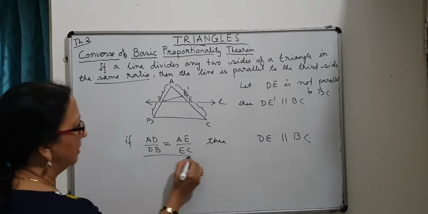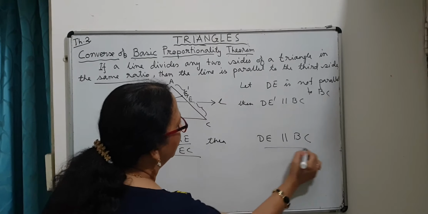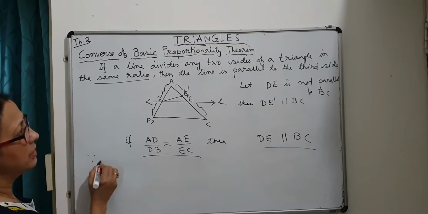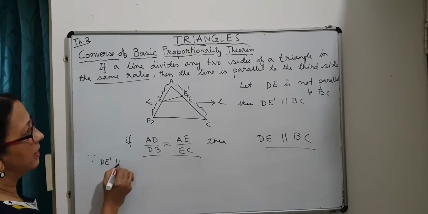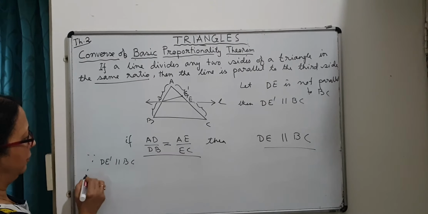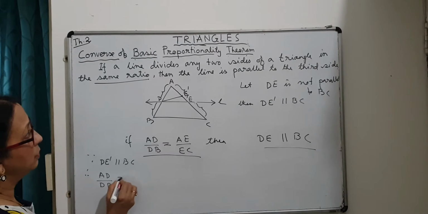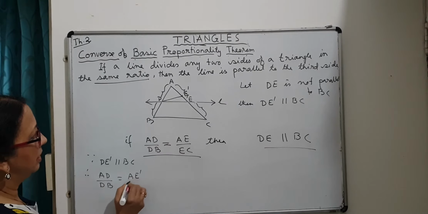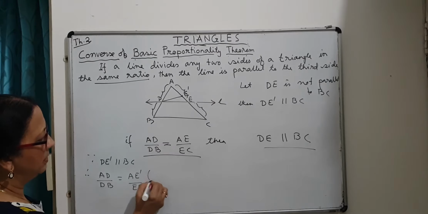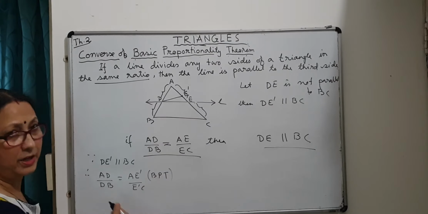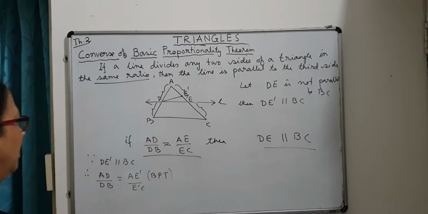This is given and this is to prove. Okay. So since DE dash is parallel to BC, therefore AD upon DB will be equal to AE dash upon E dash C by basic proportionality theorem that we have just now discussed.